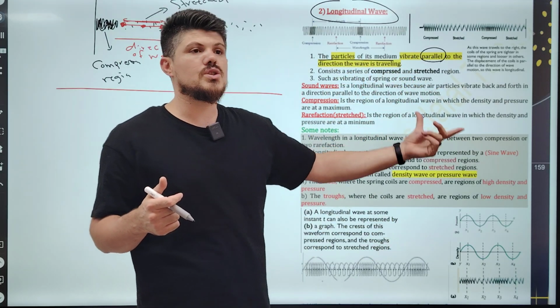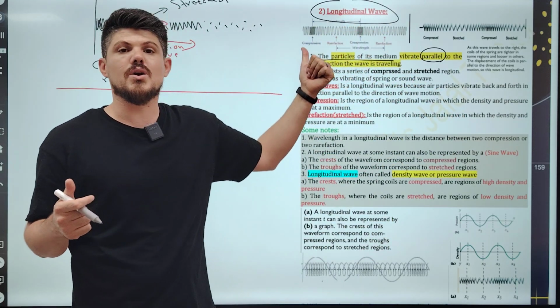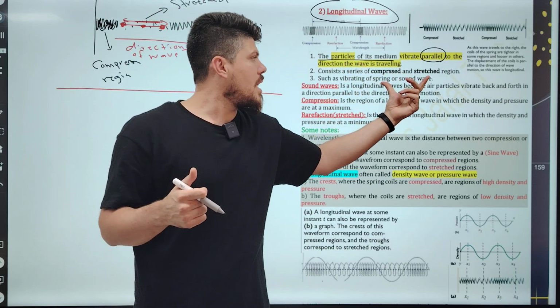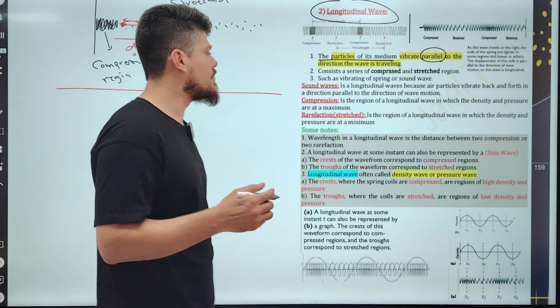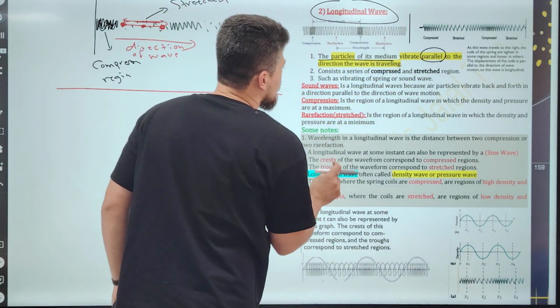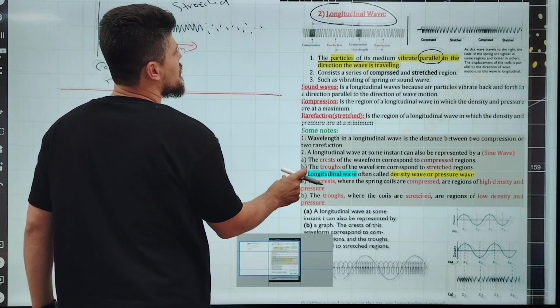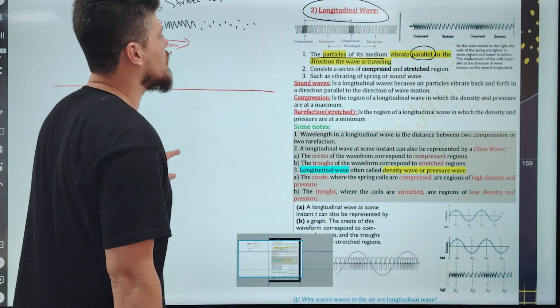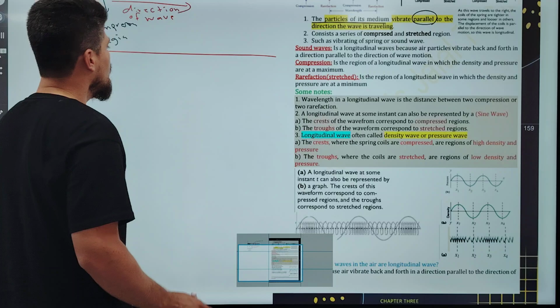The compressed and stretched regions are part of the longitudinal wave. The vibrating spring and the sound wave are two main examples of longitudinal wave.